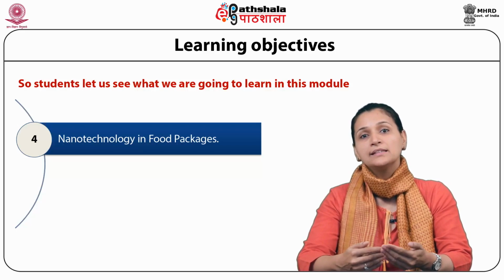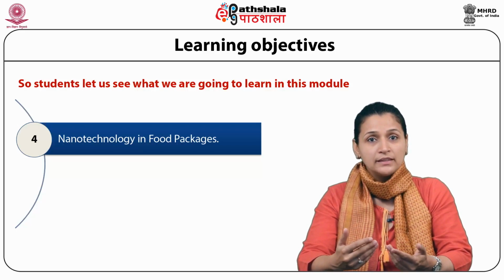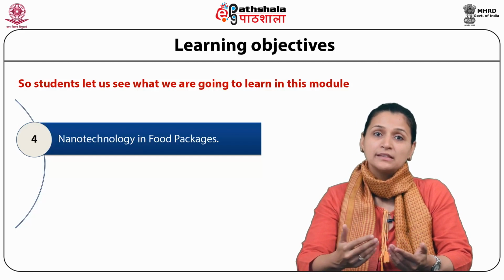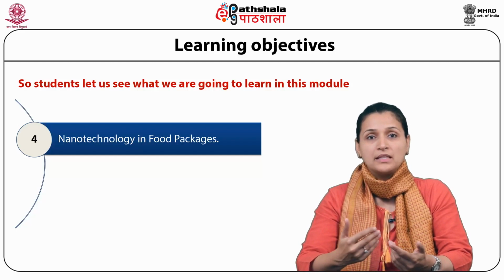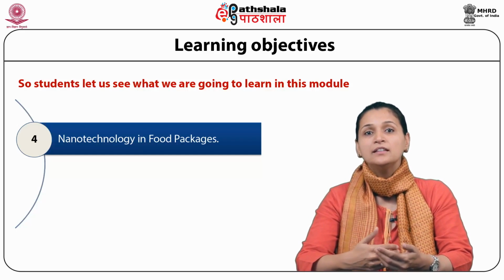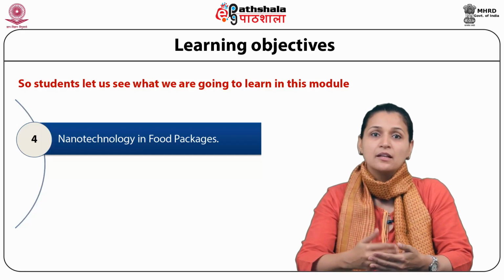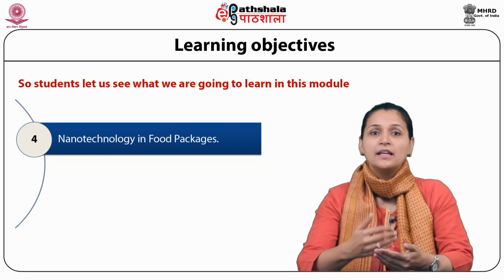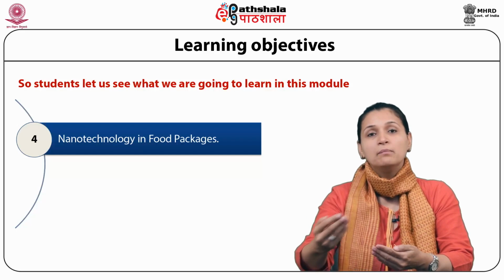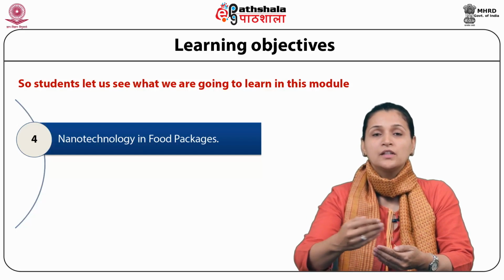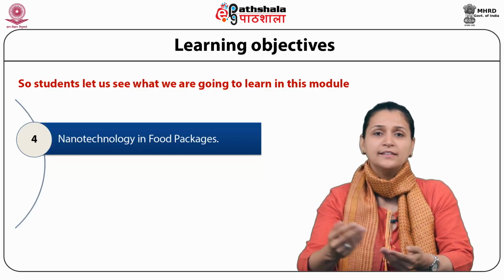When we say properties, they could be tensile strength properties, they could be mechanical properties, they could also be barrier properties. With barrier, we mean whether the impregnation of these nanoparticles within the conventional food packages is able to enhance or diminish the barrier of certain gases. Where do these gases come from?